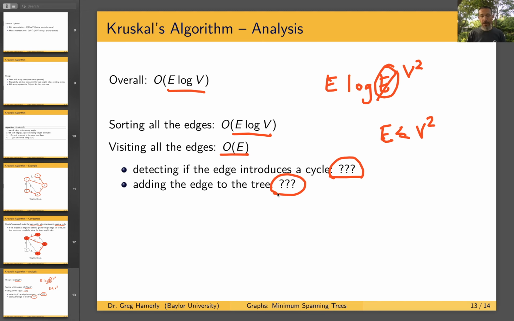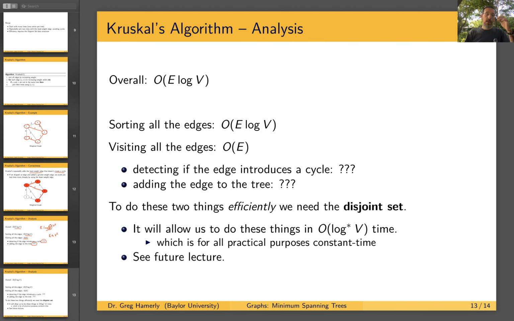Okay. Now, in order to do both of those things that I've highlighted here with question marks efficiently, we know how. Let me put it this way. I could show you ways to do one of them efficiently or the other one efficiently, but not both at the same time. In order to do both efficiently at the same time, we need something called the disjoint set, which we'll talk about in the next lecture.